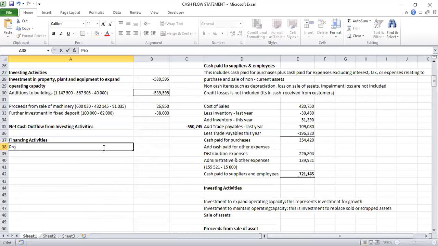So that means the raised capital. Proceeds from capital contribution, which is equal to 1,249,500 minus 113,165.